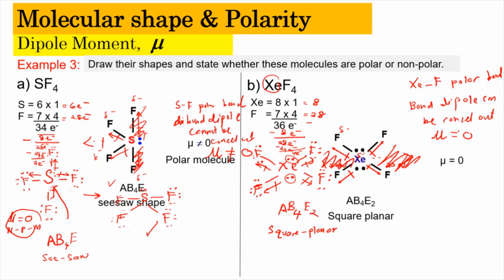So when mu is equal to 0, then you have a non-polar molecule. Okay, so this is how you answer the question of molecular shape and polarity step by step.